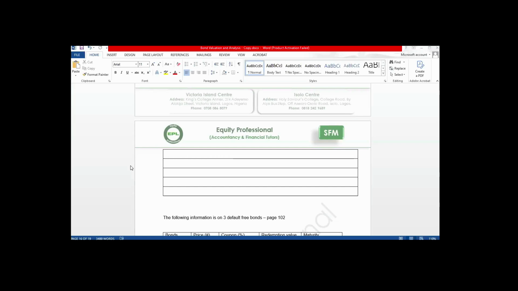So now, by God's mercy, we want to look at how to value bond using forward rates. For those that were in class last week, we explained what forward rates are.